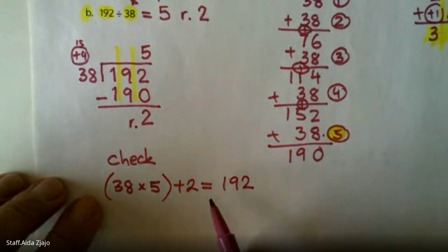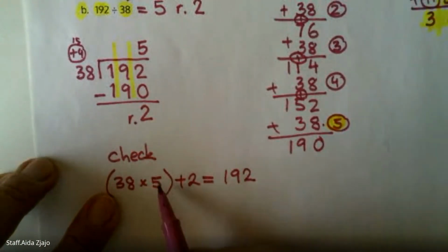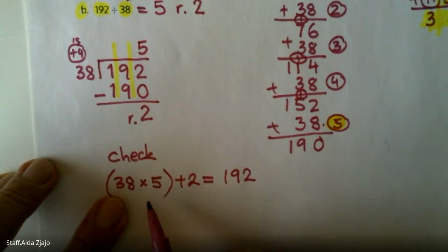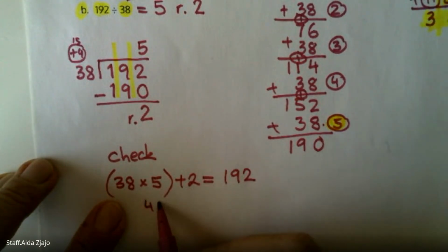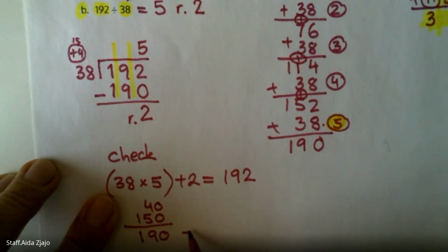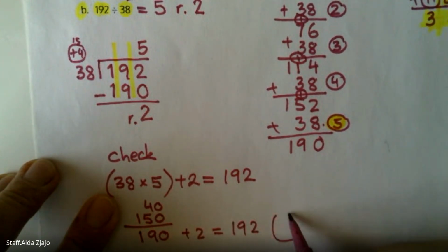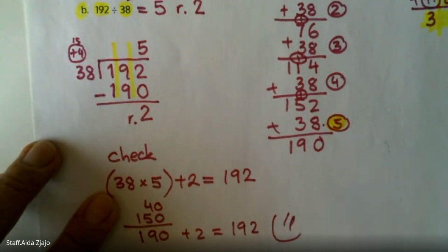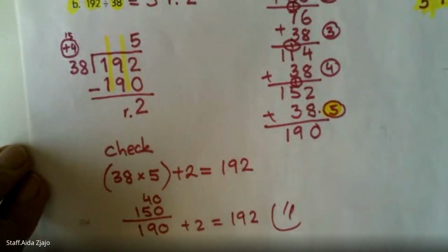And then you can say 5 times 8 is 40. 5 times 30 is 150. So together is 190. And then plus 2 equals 192. And that is a way of checking your answer as well.